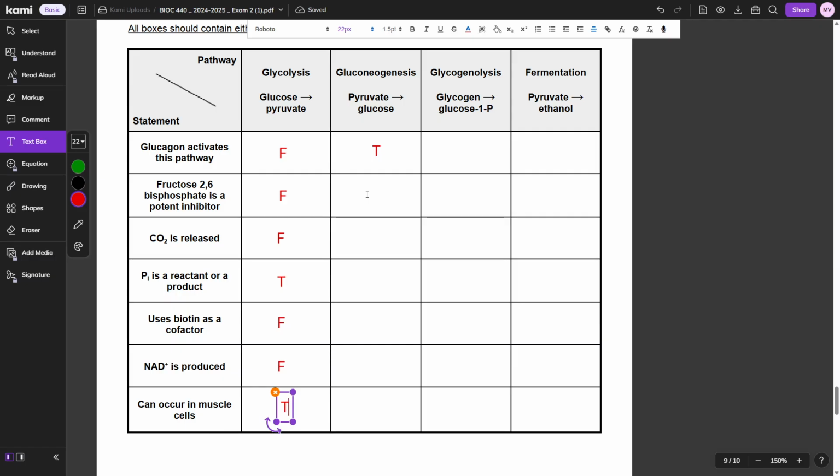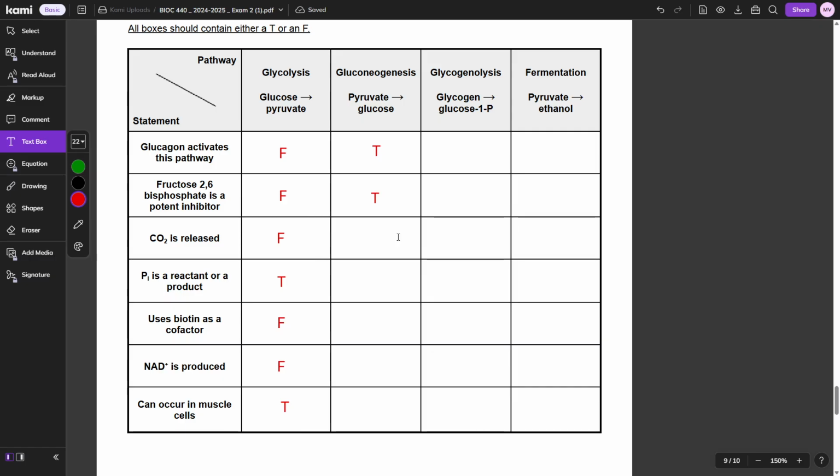Fructose 1,6-bisphosphatase. So fructose 2,6-bisphosphate is an example of a reciprocal regulator. It activates fructose 1,6-bisphosphatase and inhibits PFK1. So it is a potent inhibitor. That is in fact true.